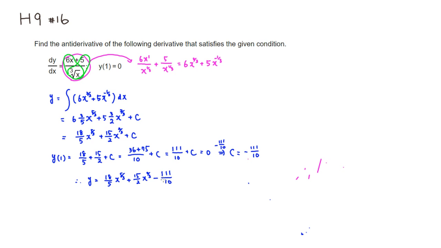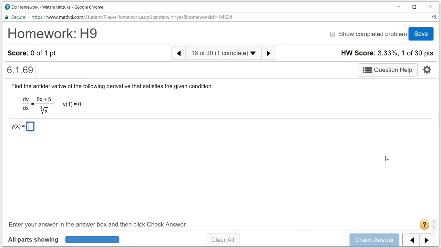Let's plug it in. What we got was 18 over 5 x to the 5/3 power plus 15 over 2 x to the 2/3 power minus 111 over 10.